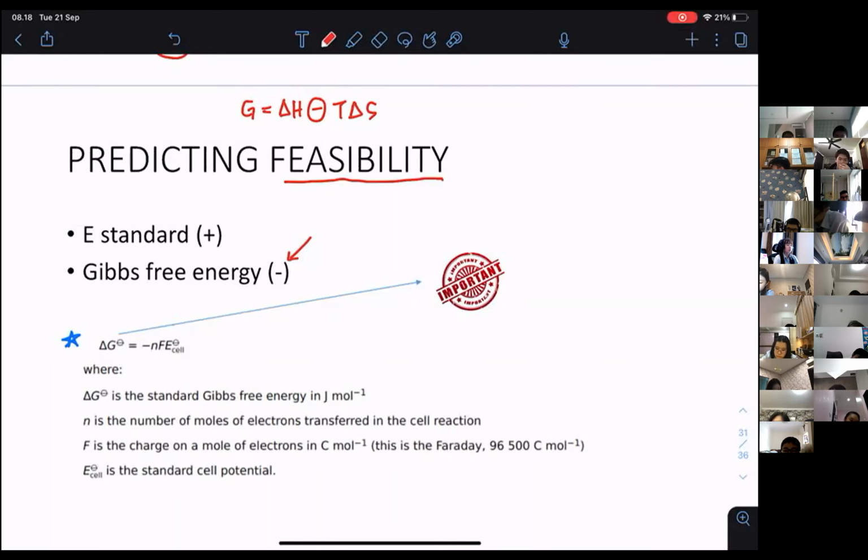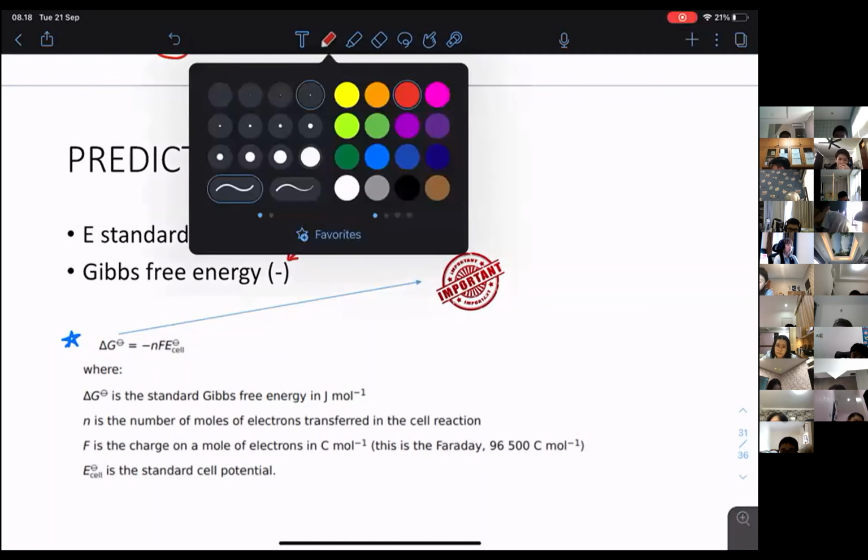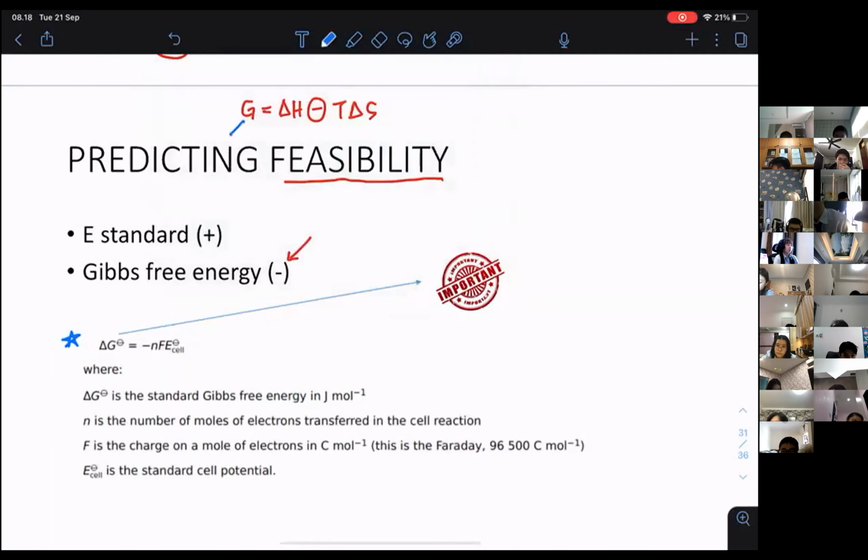And do remember, in order for the reaction to be feasible, my Gibbs free energy must always be negative. Remember the quadrant. If you remember the quadrant, if the signs are different, it's easier to predict. If you don't remember, it's okay, I'll just recall a bit.